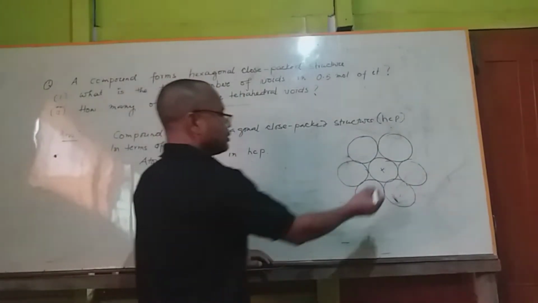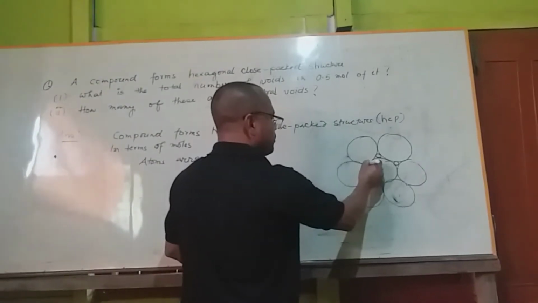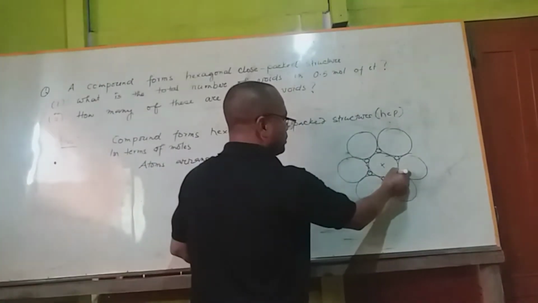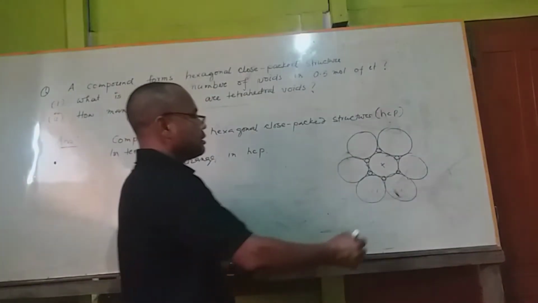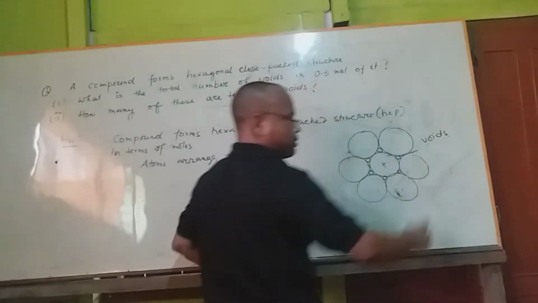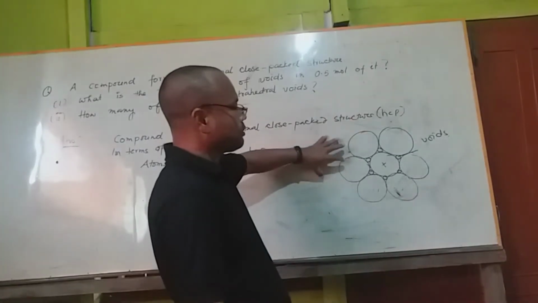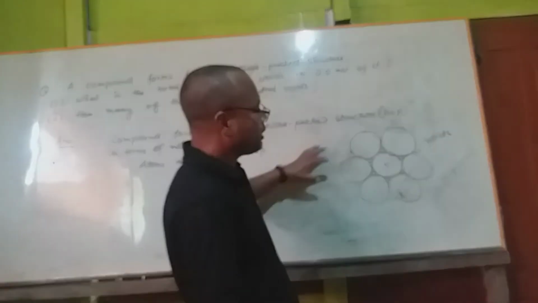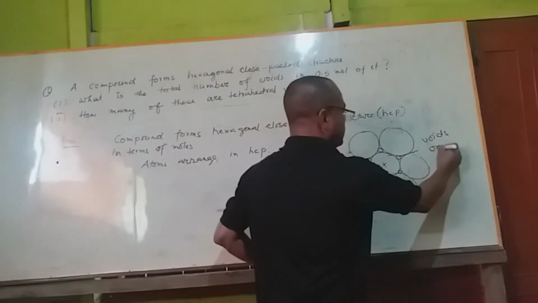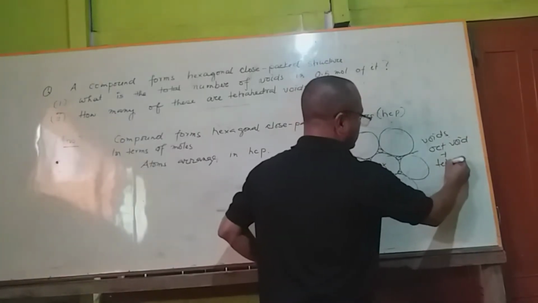Now this is the small hole, the empty space left in between these atoms. This empty space we call voids. According to the number of atoms, we have two types of voids: number 1 octahedral void and number 2 tetrahedral void.